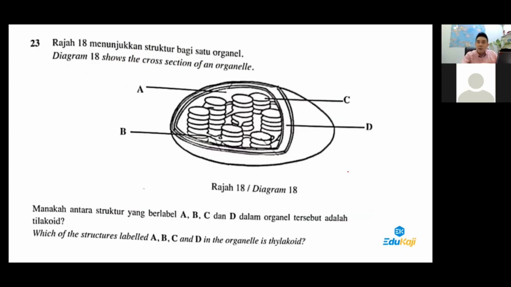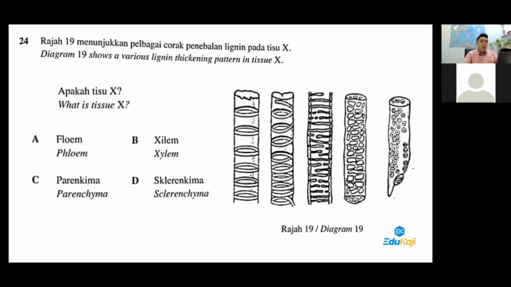And 23, guys, coming to Form 5, Chapter 2. I mentioned this in question 2 just now. So thylakoids make up the granum. One thylakoid, 2, 3, 4, 5, all together they make up the granum. So 23 answer is C. This one draw 2 stars.